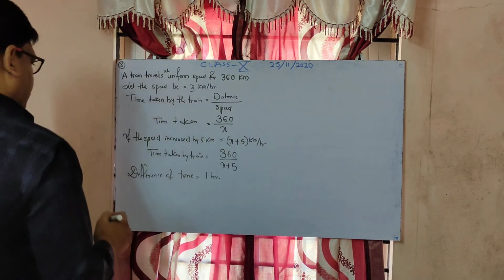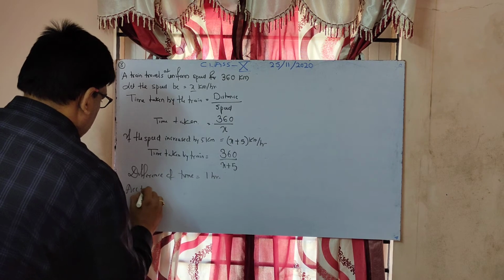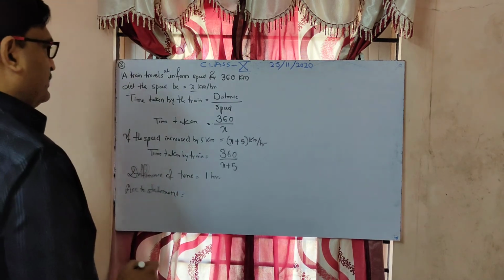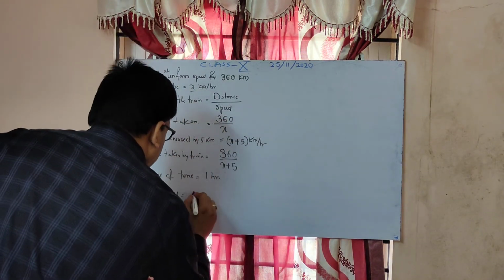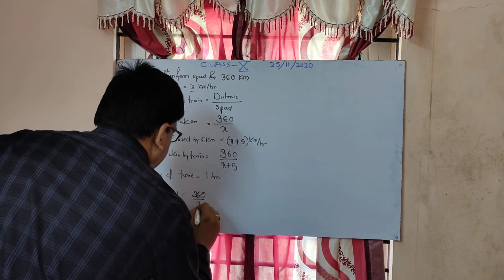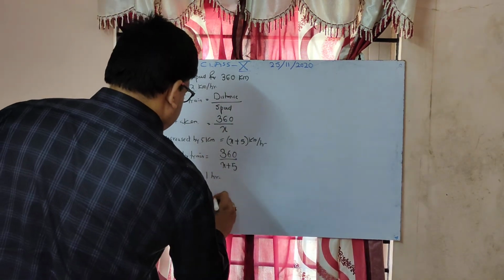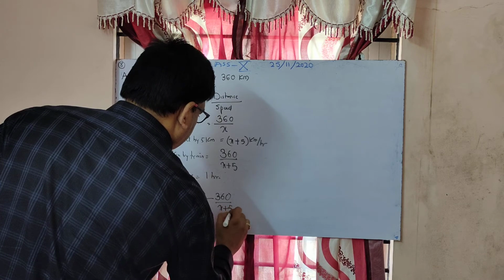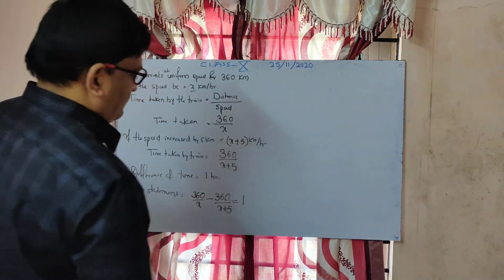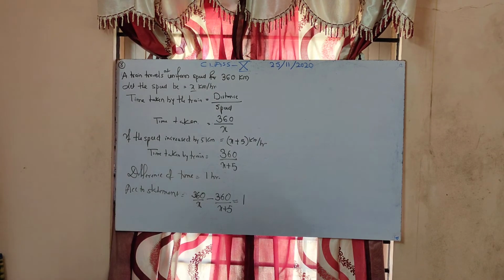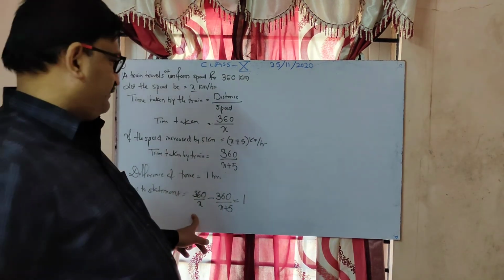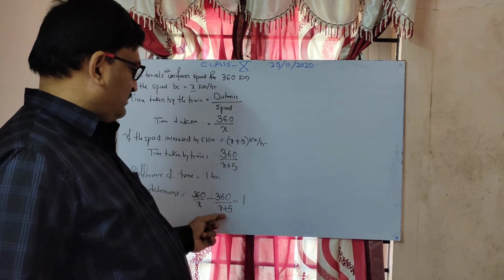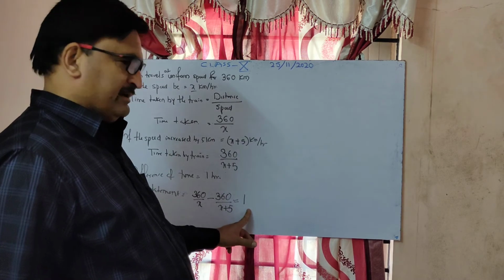Therefore, according to the statement, the difference between 360 divided by x and 360 divided by x plus 5 is 1 hour.